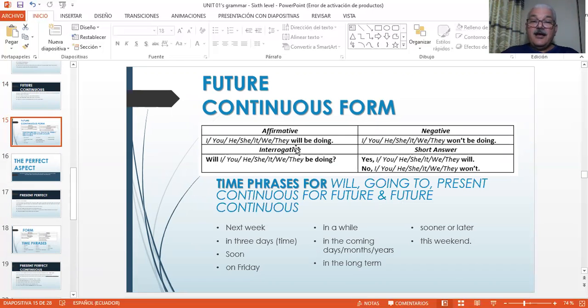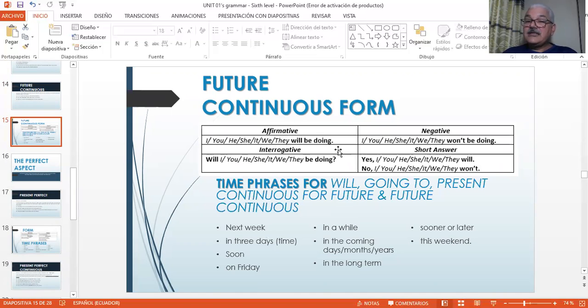For instance, the future continuous form will be I, you, we, etc., and then will, and then the verb be, which is always be after a modal verb. We had to use be or any other verb in its simple form, and then the main verb with ing.